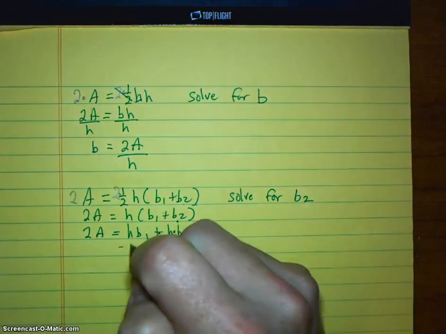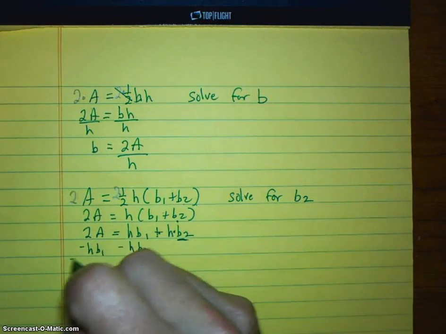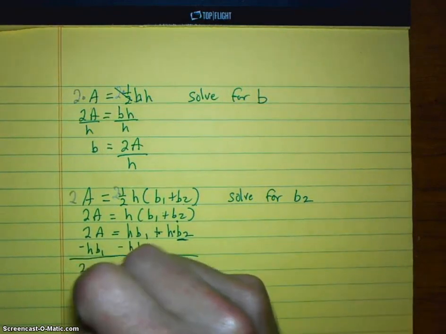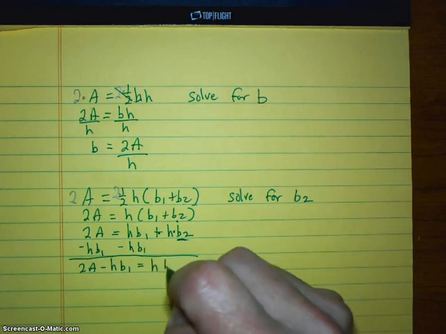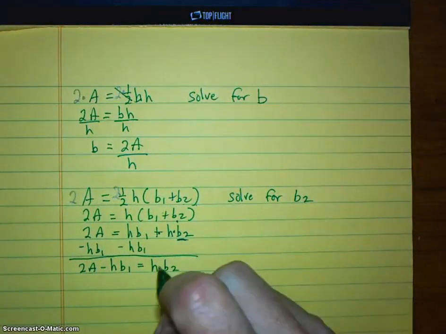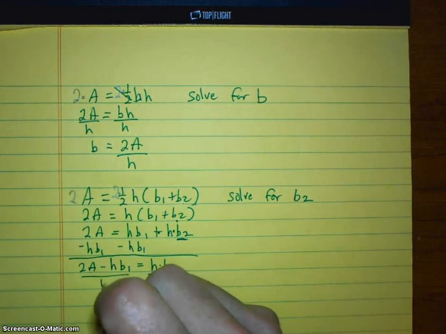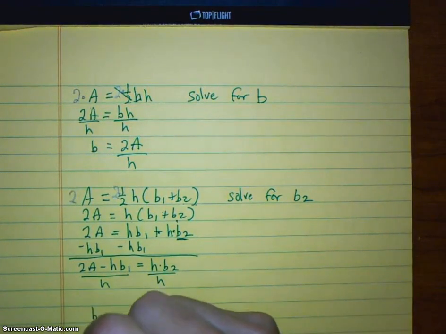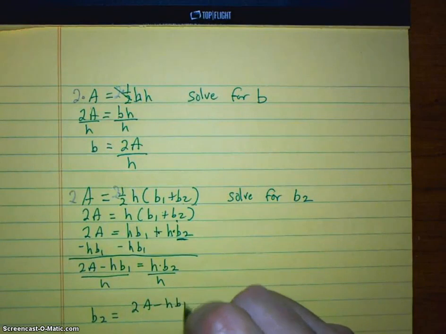So we would do minus hb1 on both sides. 2a minus hb1 is hb2. And now we have the b2 almost all by itself. It's simply connected by a multiply. So to get rid of that multiply, we do a divide. And our answer would be b2 is 2a minus hb1 all over h.